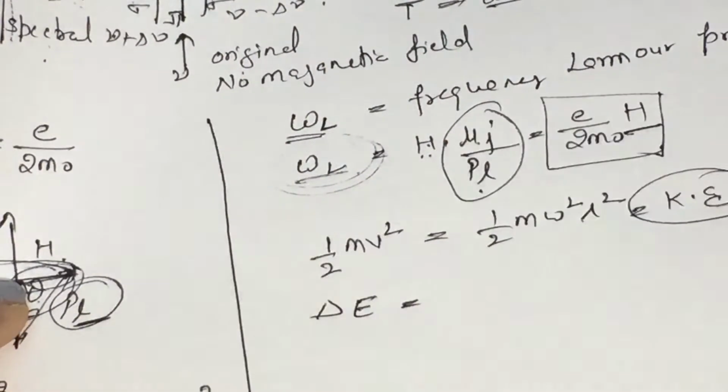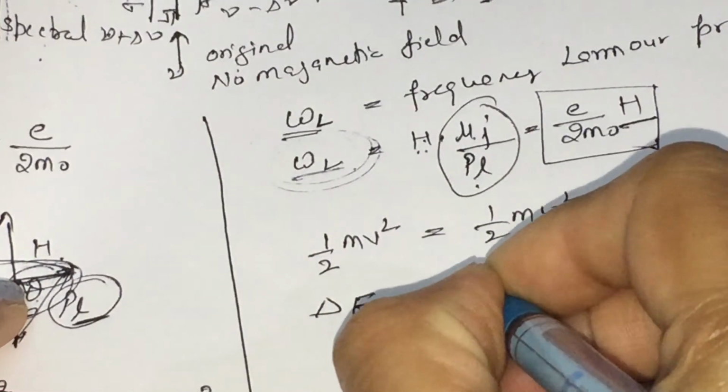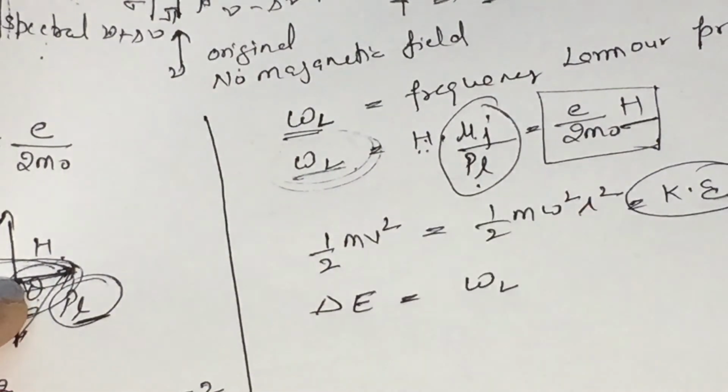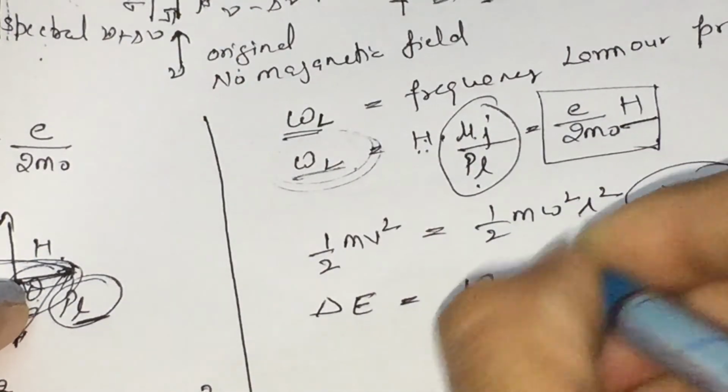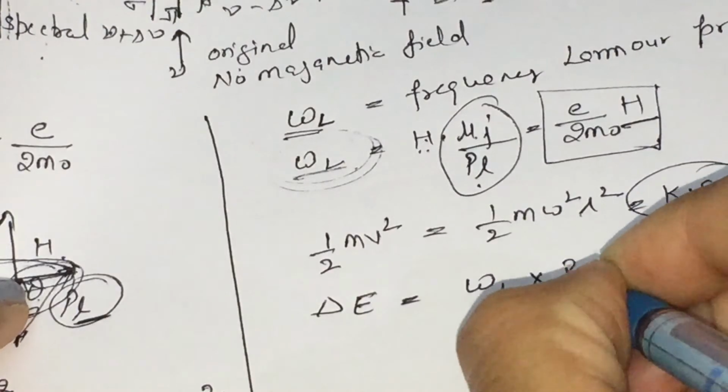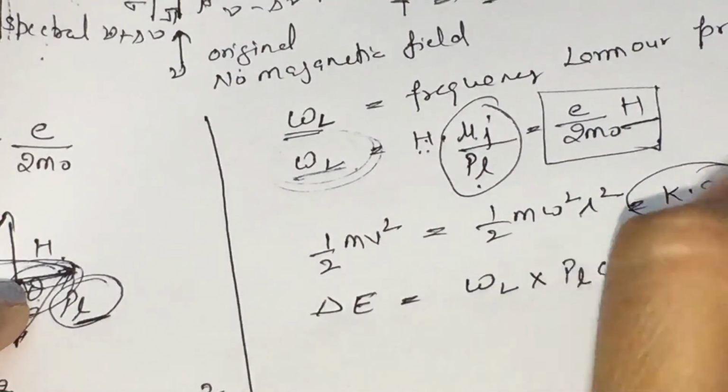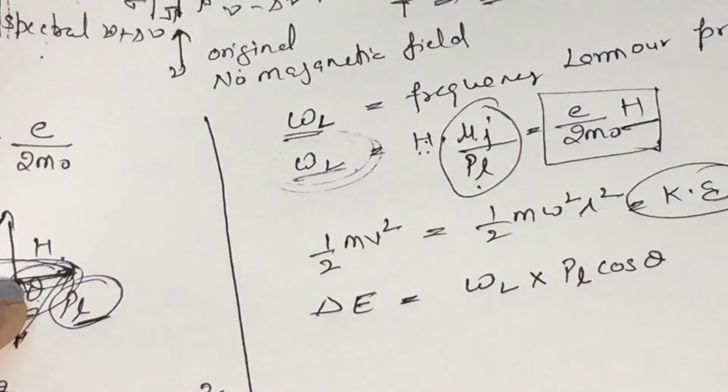The change in the particle energy is given by omega_L, the Larmor frequency, times the projection of the mechanical angular momentum about H.